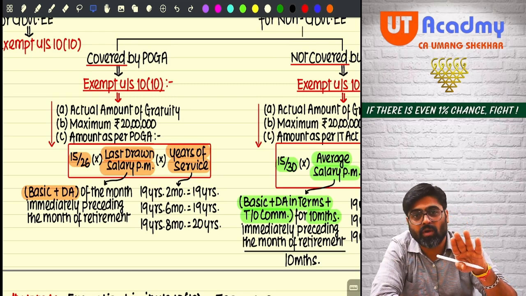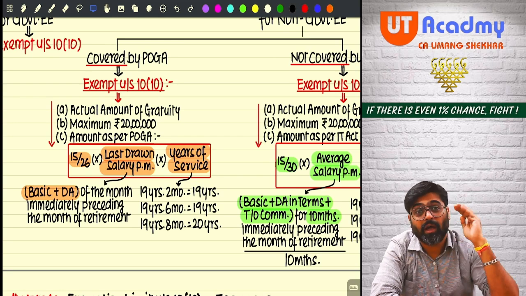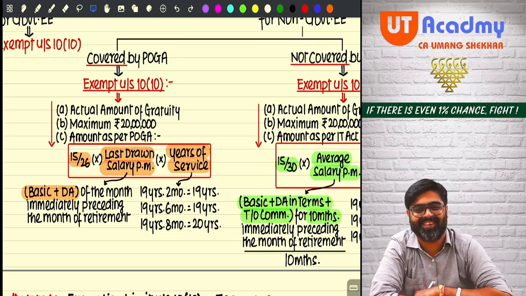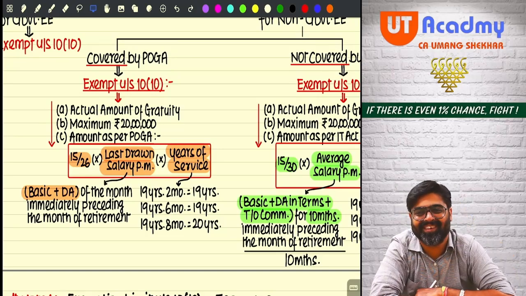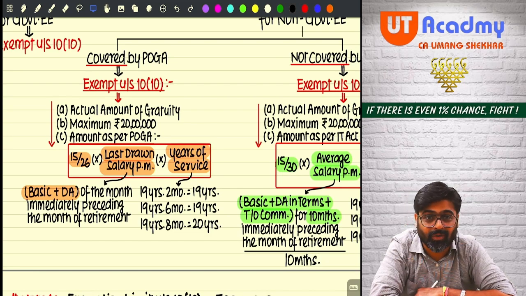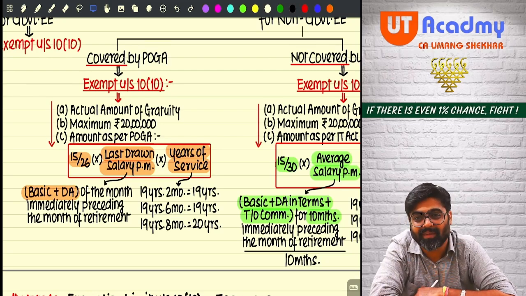Under that law, if an employee gets covered, the employer has to compulsorily give him gratuity, because the employee gets covered under POGA. So whether the employer wants to say thank you or does not want to say thank you, he will have to say thank you and give this gratuity, because the employee is covered by POGA.